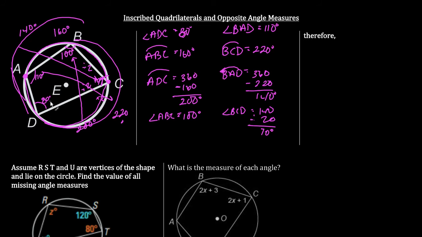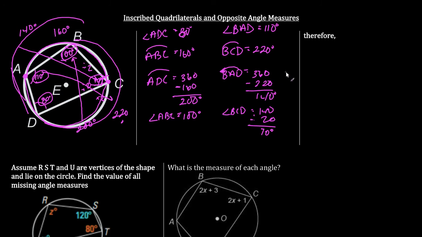But if you notice, this 80 and this 100 give you 180. This 110 and 70 give you 180. Makes sense because all of these angles need to add up to 360 degrees.